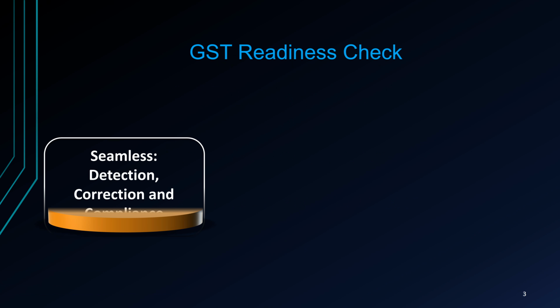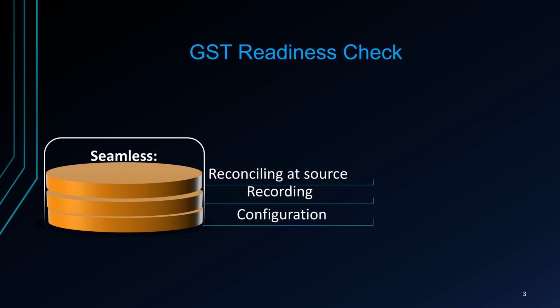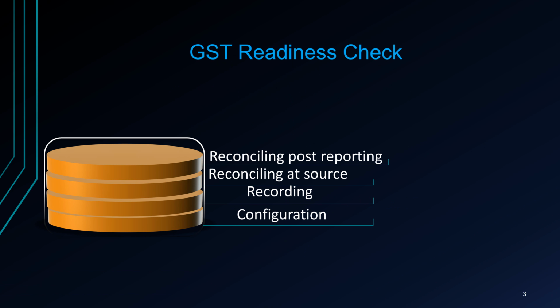So the steps involved in the GST auditing are verification of the various configurations, verification of the transaction recording, verification of transaction reconciliation at source, and verification of transaction reconciliation post reporting.